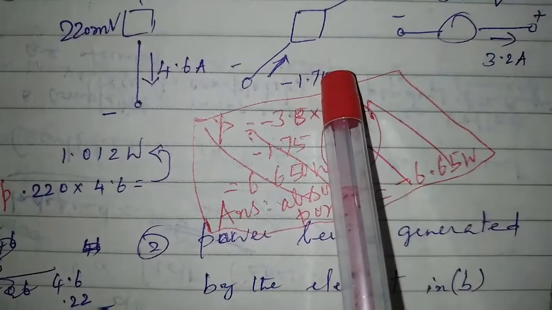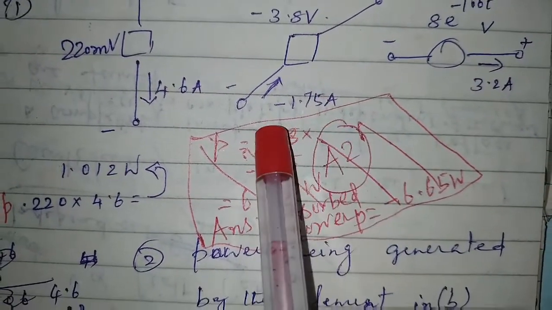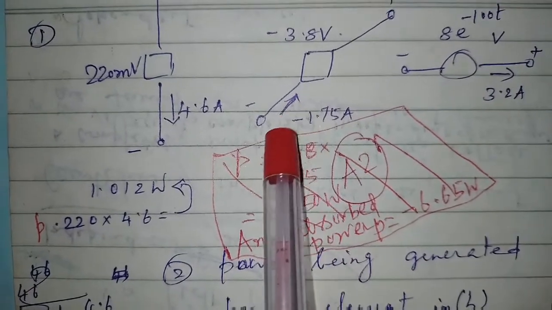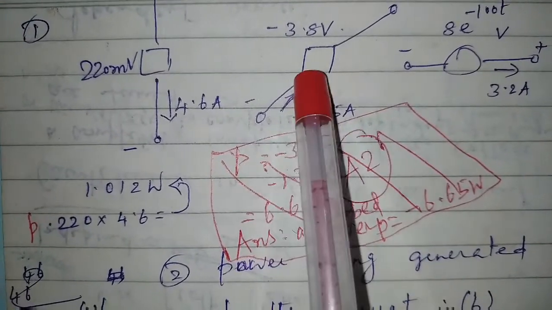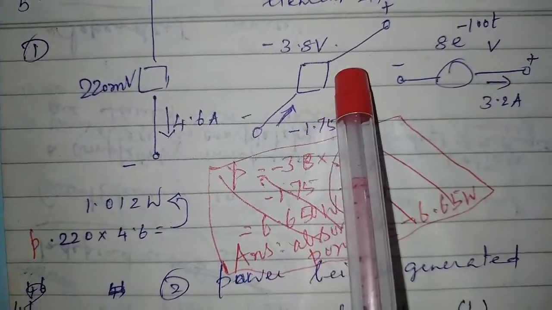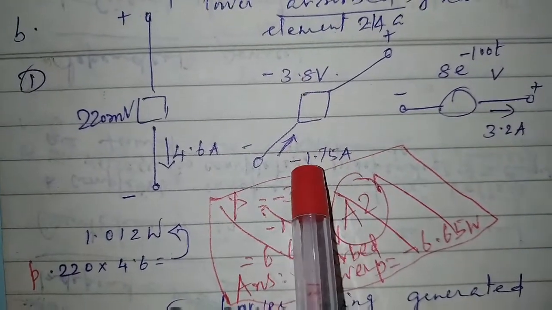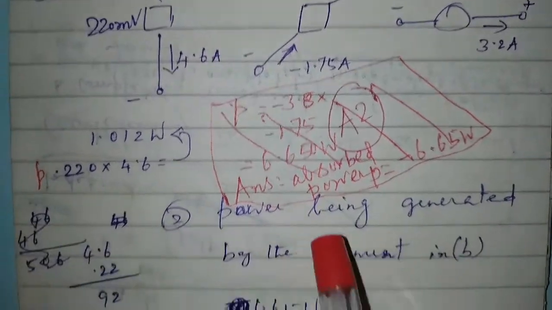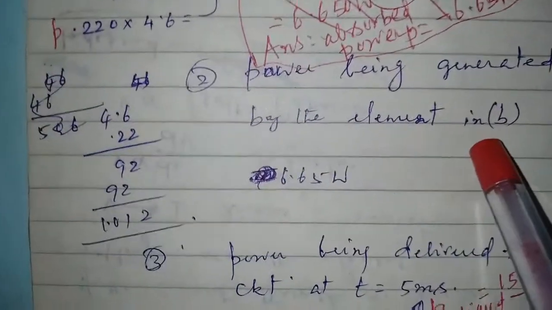And here the current minus 1.75 amperes is entering through the terminal marked negative. So minus 3.8 volts is sitting across. So after taking the product, we have to change the sign to find out the absorbed power.